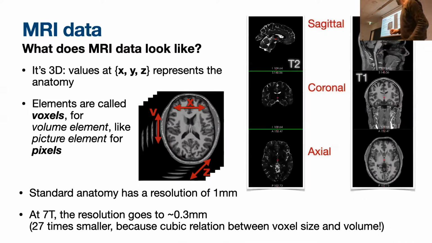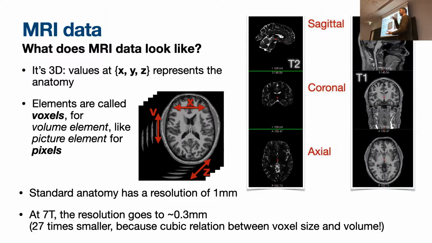Okay. So we run this program, right? We can run any program on the scanner, but the program that we run for fMRI, for functional MRI, gives us images. That's what we ask the scanner to do. So we don't just get 2D images like you do with a camera. What we get are 3D images.